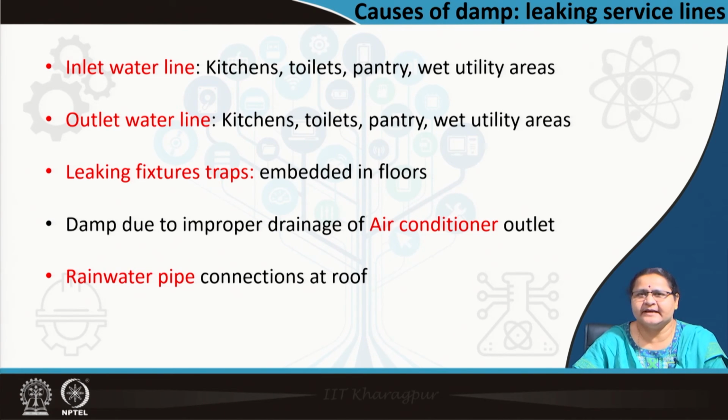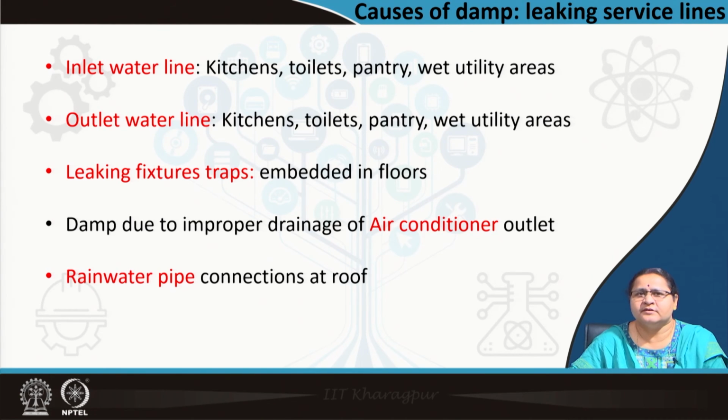So, in all areas like kitchens, toilets, pantries, wet utilities, whatever the building type, residential, hotel, airport, one has to be very careful about leakages in these kinds of lines.